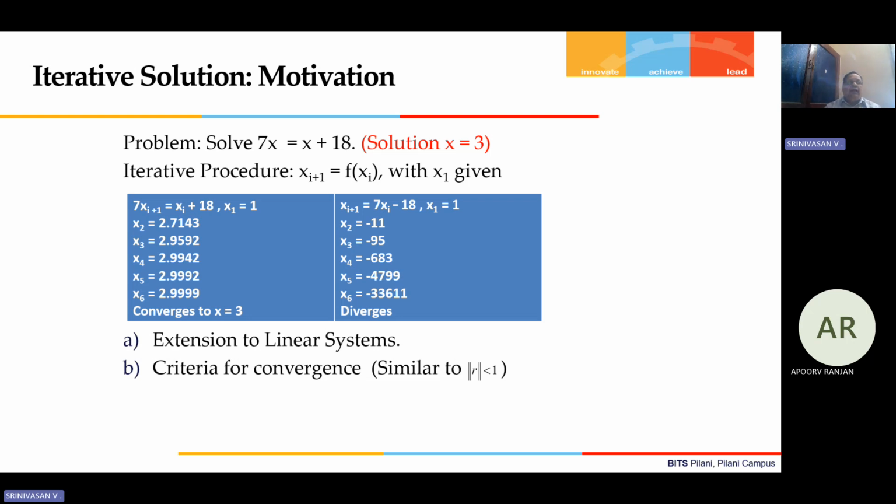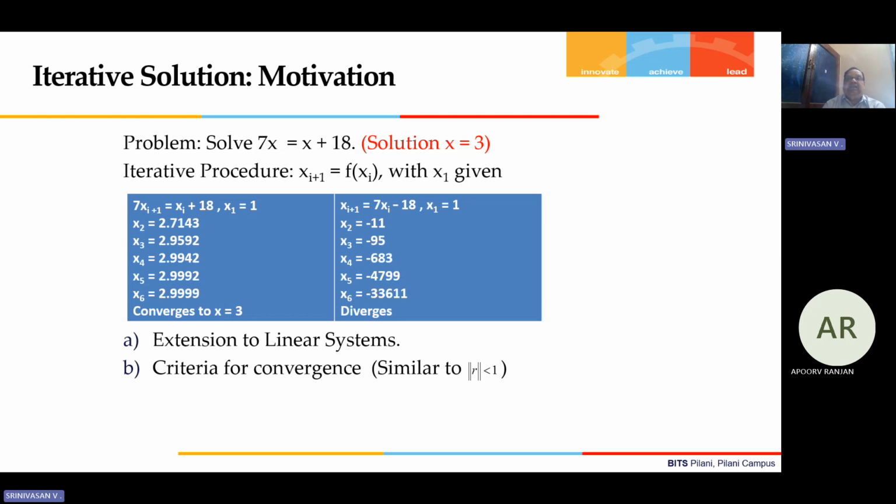But in general, the question will carry the tag that solve by Gauss-Seidel method or Gauss-Jacobi method. But sometimes if there is enough time and the problem carries more marks in descriptive type, they may even ask by Gauss-Seidel method as well as Gauss-Jacobi method. So these are all various ways of putting the question.